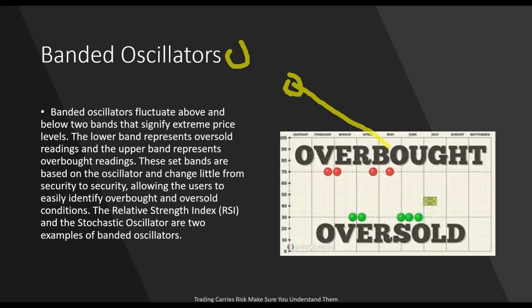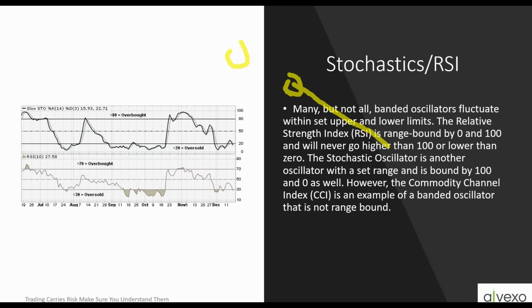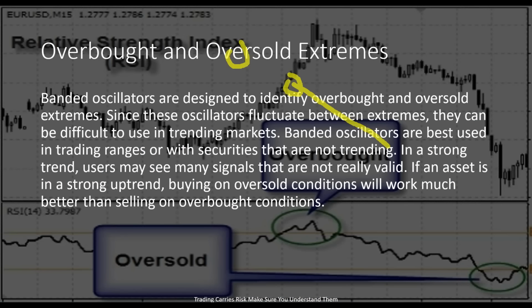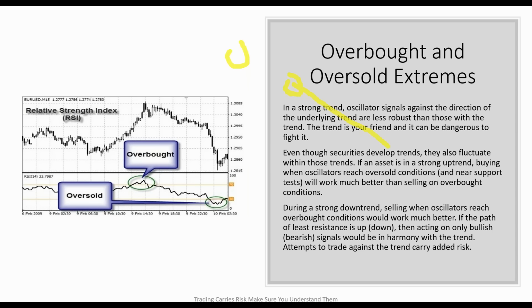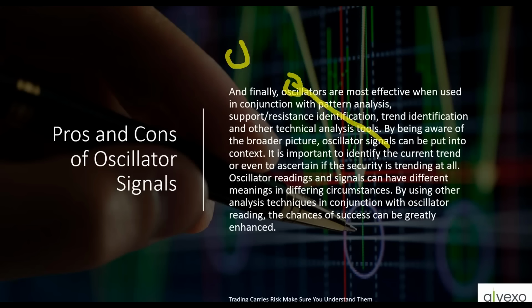So there are numerous ones out there, but if you stick to the most popular, the most well-known indicators, like stochastics, RSI, and MACD, okay, you'll start out all right. Because there are just tons of them in the marketplace.